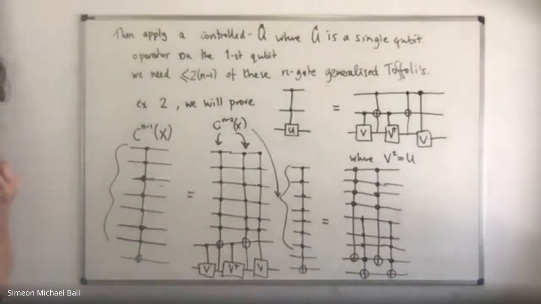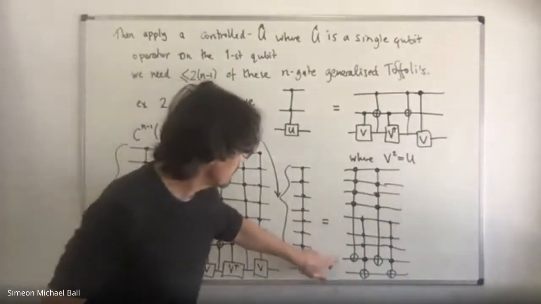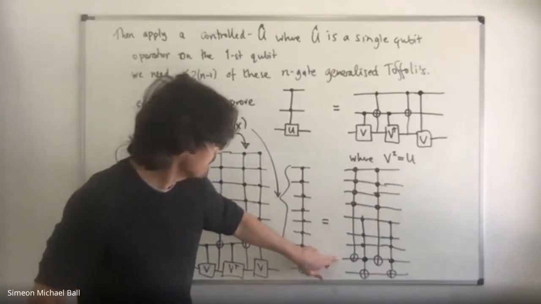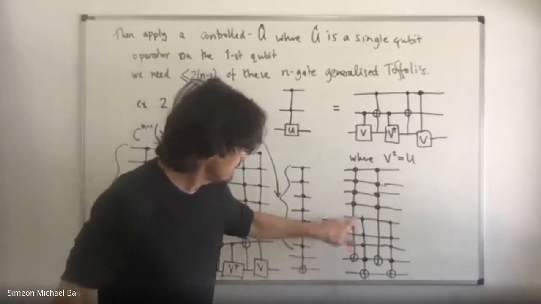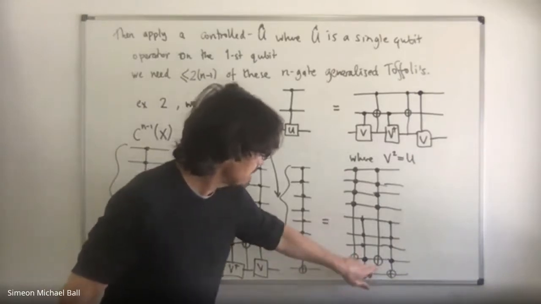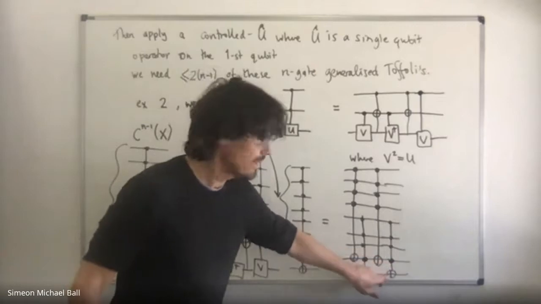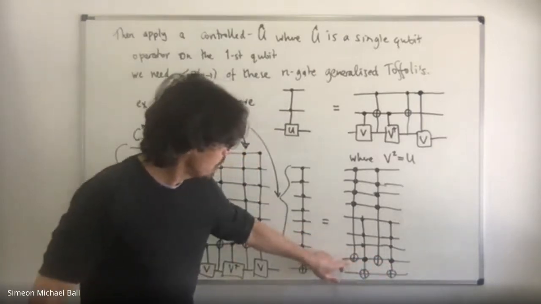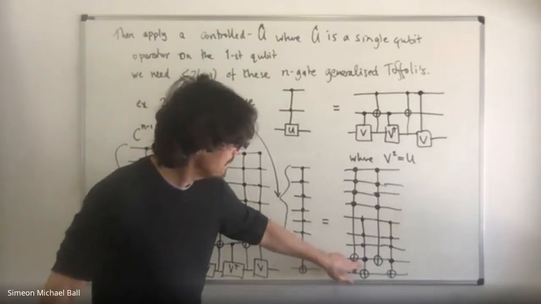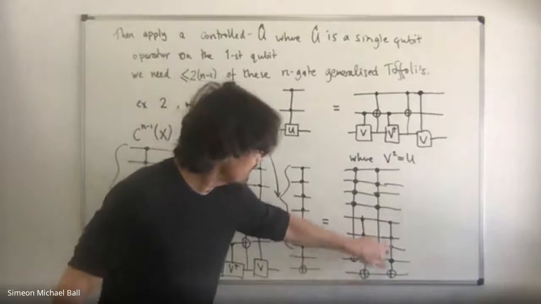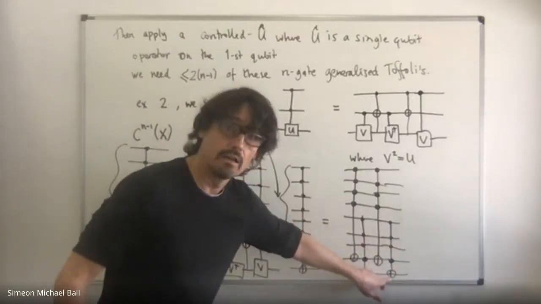Whatever happens here, we want this to be flipped. Let's take the two cases. Say this was 0, then these are all set, this is set, it gets flipped here. Now this one gets flipped, so this is no longer set and nothing happens here. Whereas if this one was 1, it would get flipped here, this wouldn't do anything, it would get flipped here back to 1, and now they're all set and it gets flipped here.